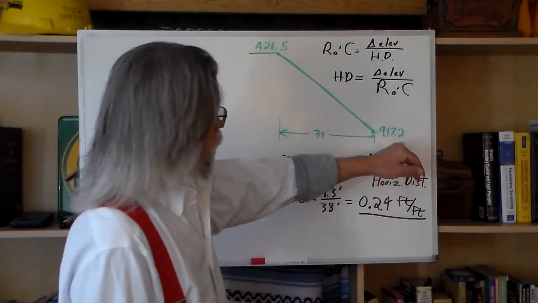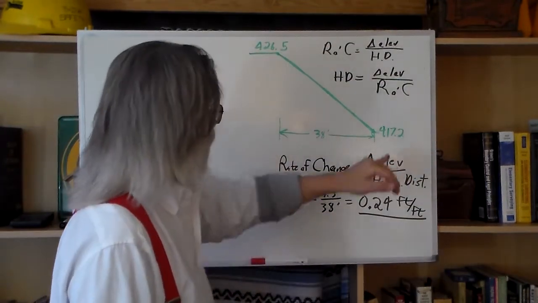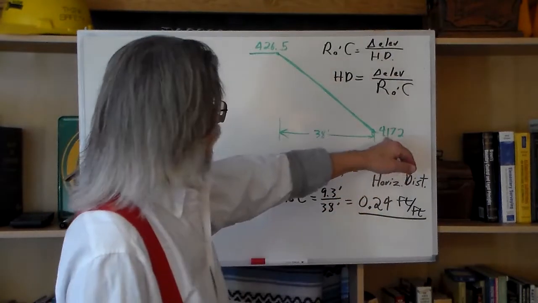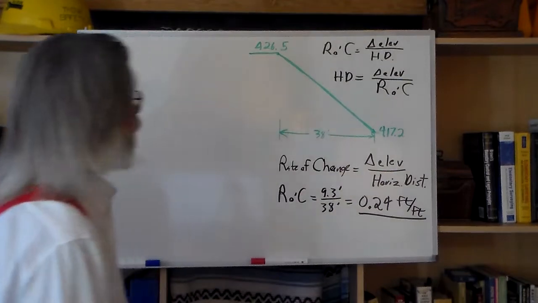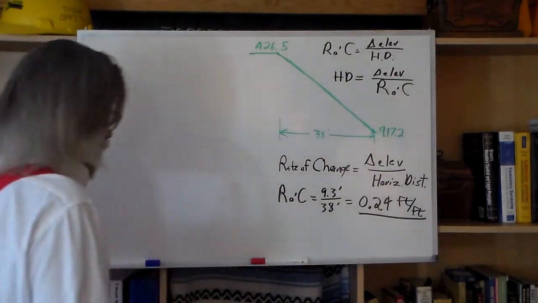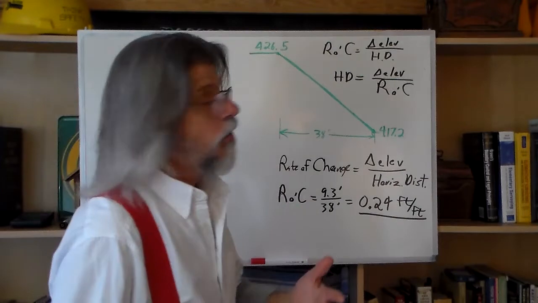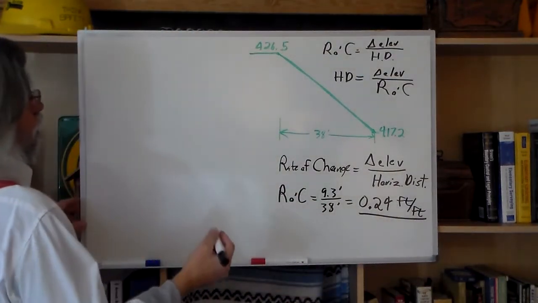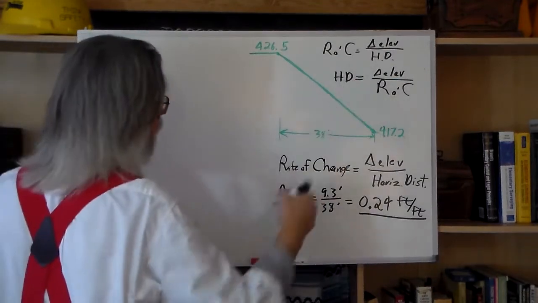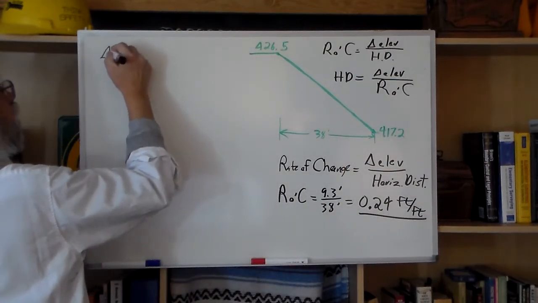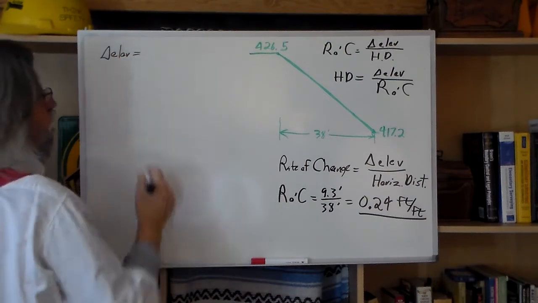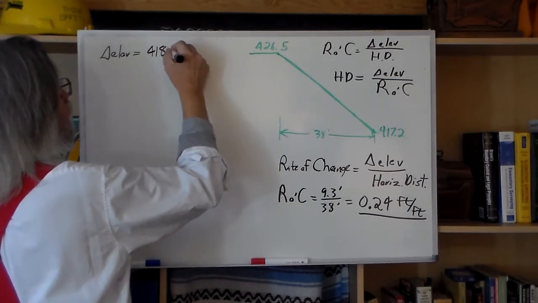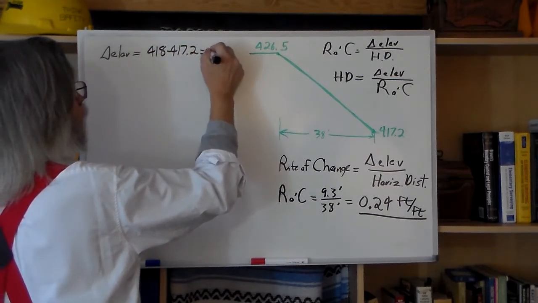Well, our delta elevation, the first even contour line we want to solve for along this line, is the first whole number, which will be 418. We're going to try to solve for horizontal distance. First, we got to solve for delta elevation. So delta elevation is going to equal 418 minus 417.2, which is 0.8.